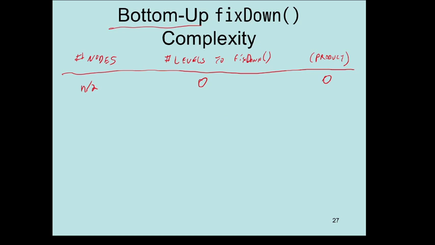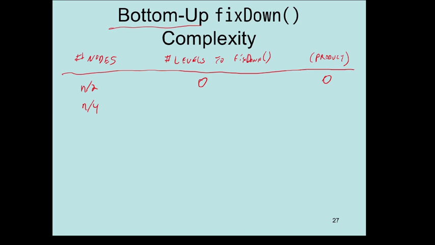How many nodes are above the leaf nodes? Well, think about it as a binary tree. Think of it as if it was complete. If I had a level that was completely full and had like 8 nodes, if everybody had 2 children, there would be 16 nodes below it. So if there's 16 leaves, there were 8 parents, there are n over 4, where n is the total number of nodes in the tree.